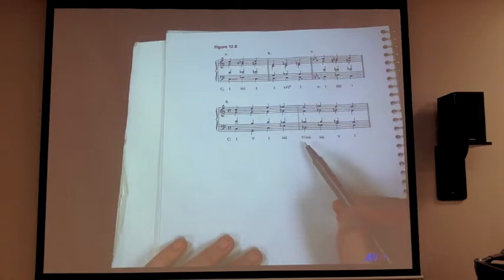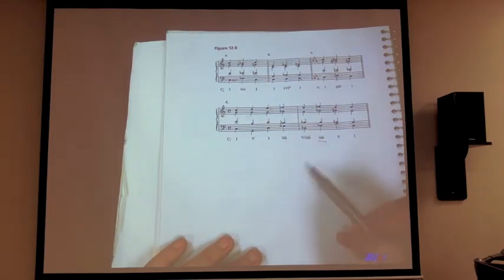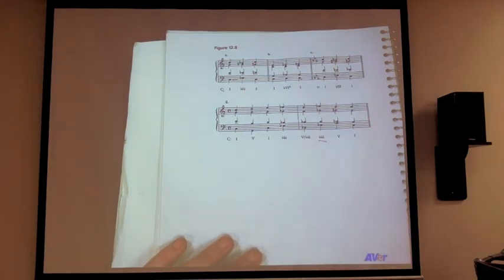So be aware, this can happen. You can have a secondary dominant of the lowered third, and you'll know it's that because it's going to look crazy, right? And it'll be followed directly by the lowered third itself. And then we move to a 5, and then finally a 1. So it doesn't always have to resolve to a 1 chord. Keep that in mind. Or from a 1 chord.